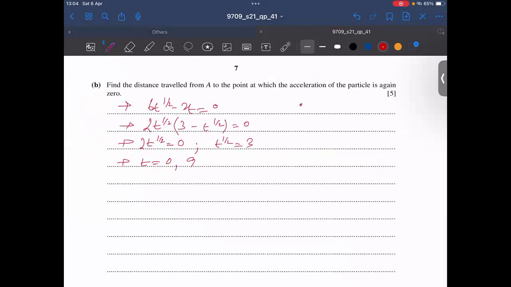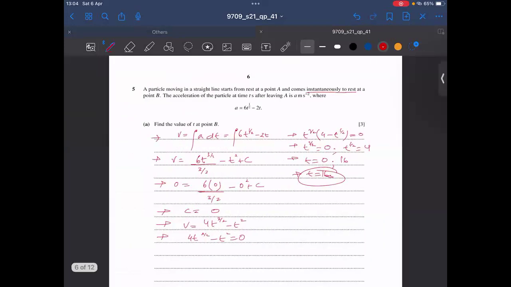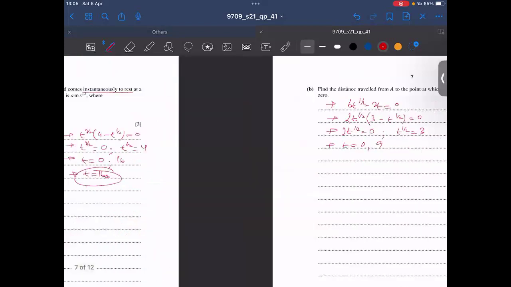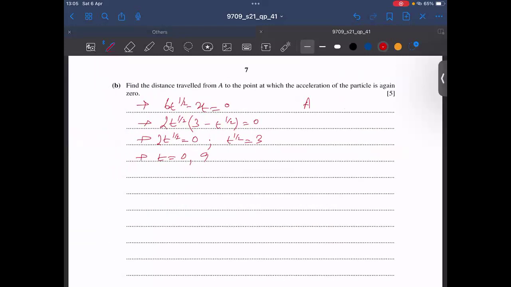So from point A, over here is point A, so it comes instantaneously to rest at a point B. So at point B over here.